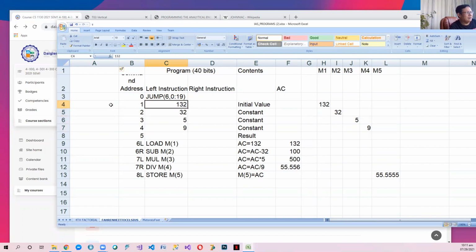Do you follow? Okay, so 132 is our initial value in M1, and 32 is a constant, another constant which is 5, and the last constant which is 9, and we will store the result in M of 5.